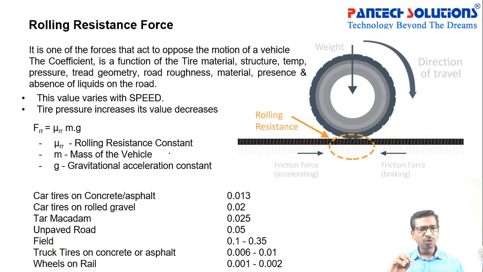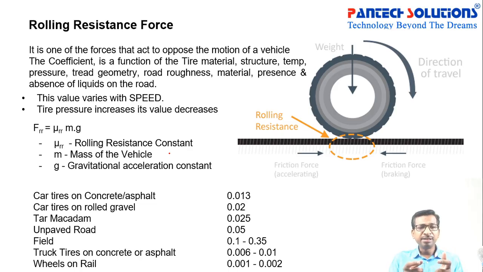Let us check what the rolling resistance is. It is one of the forces that act to oppose the motion of a vehicle. The rolling coefficient is a function of the tire material, structure, temperature of the tire, and tire pressure.